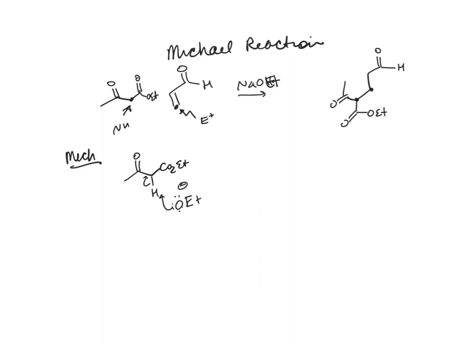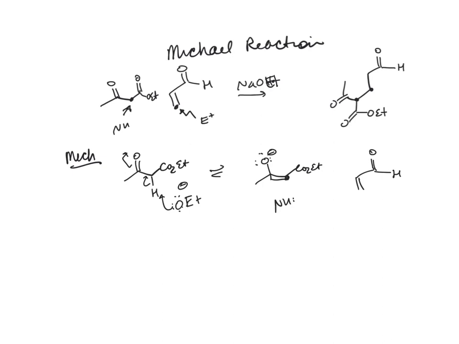So I'm going to deprotonate to make the enolate as step 1. And after making my nucleophile, this is now going to undergo the Michael addition, or the conjugate addition.